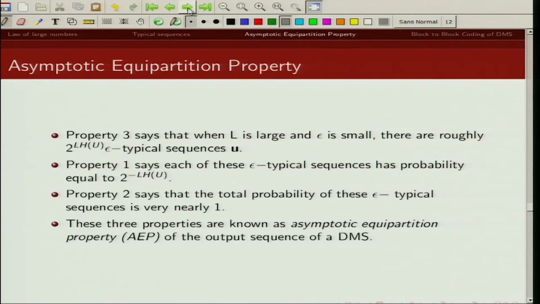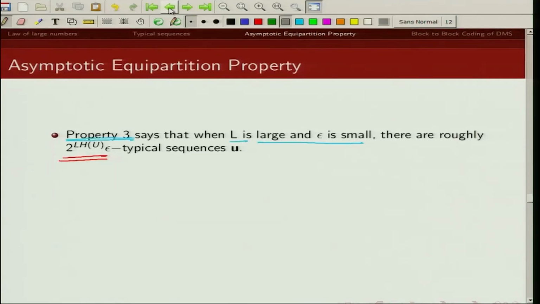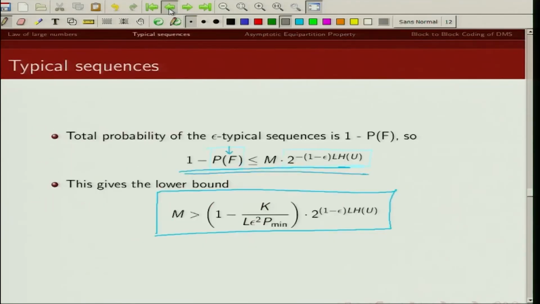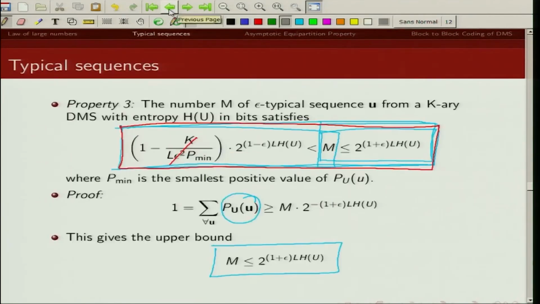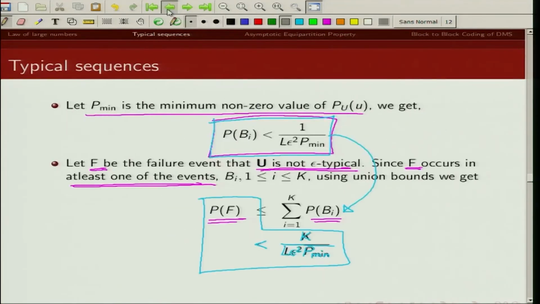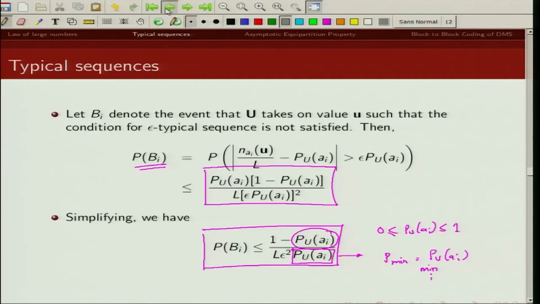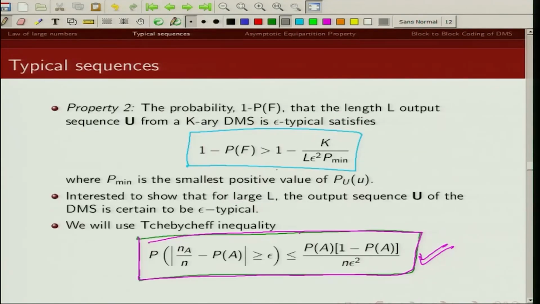And finally, from property 2, we get the result that the total probability of these epsilon typical sequences is nearly 1. Now go back. What is this total probability? That is 1 minus Pf, and 1 minus Pf is upper bounded by this quantity.